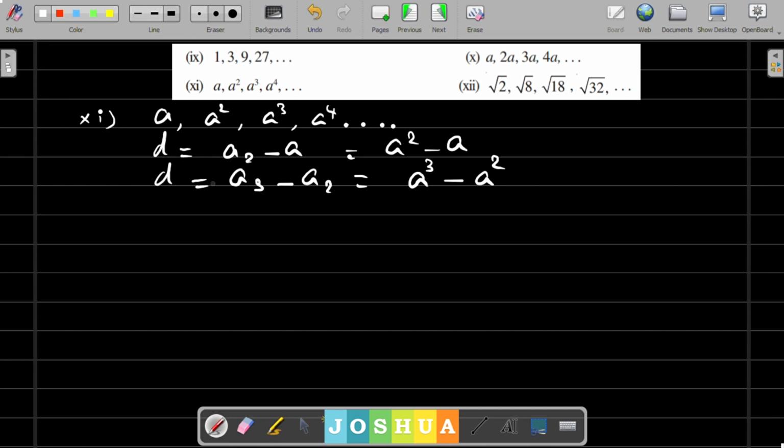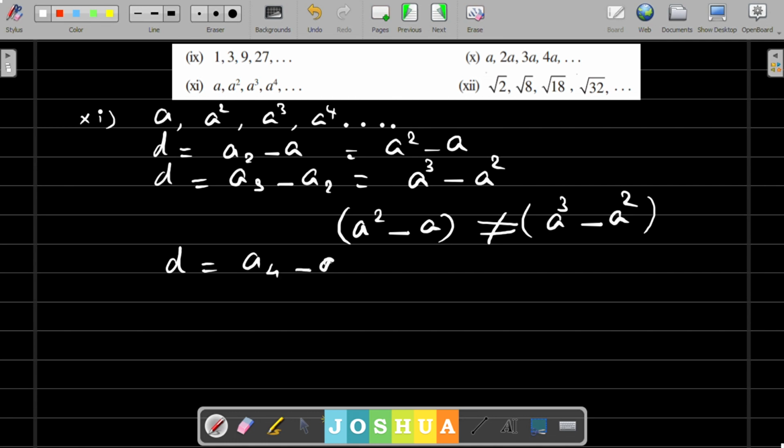So now come back to the next case. Here a square minus a, the difference, is not equal to a cube minus a square. It clearly says there is no common difference in this case. Anyway, we go for one more difference here, that is the difference between the fourth term and the third term. The fourth term is a to the power 4, and the third term is a to the power 3.